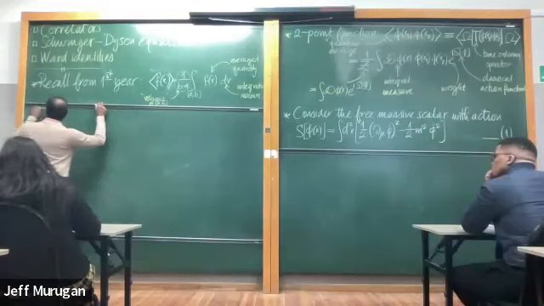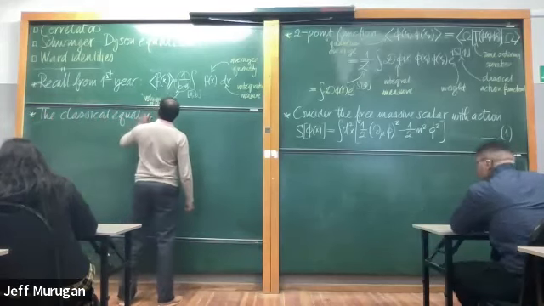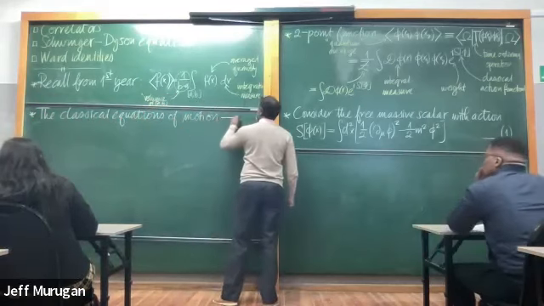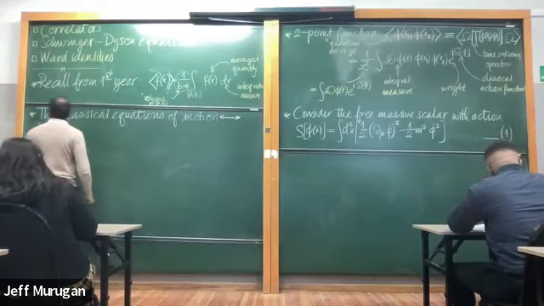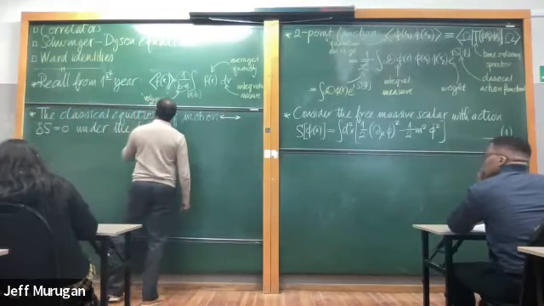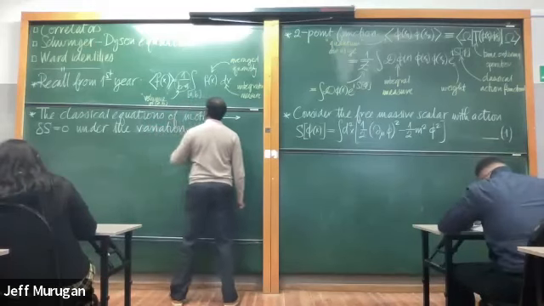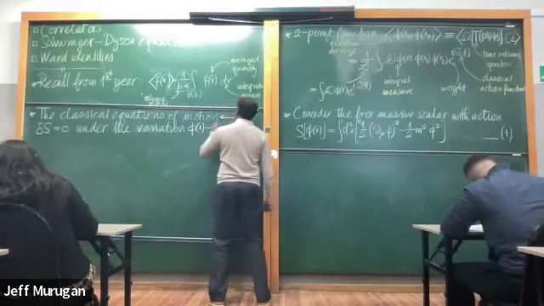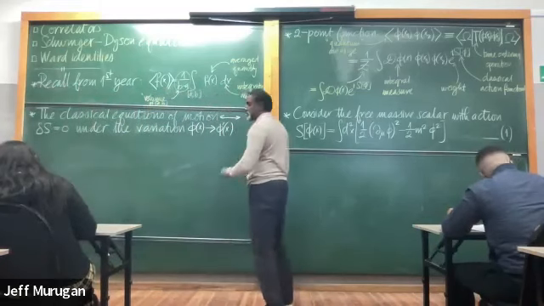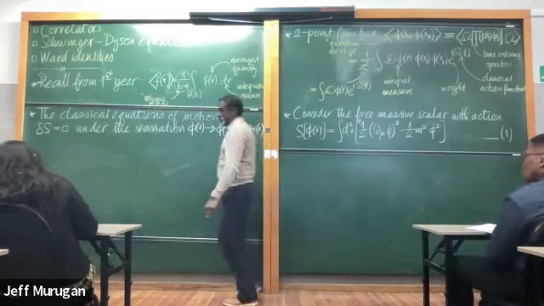So the classical equations of motion correspond to demanding that delta S equals 0 under a transformation, a variation, phi of x to phi prime of x, and phi prime of x is phi plus some small epsilon of x.